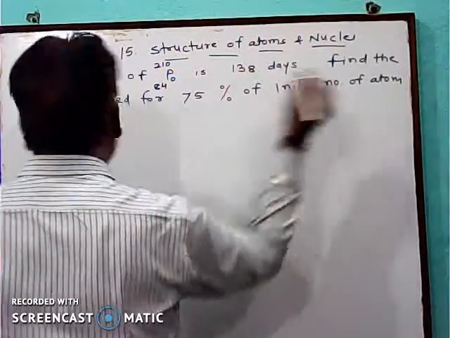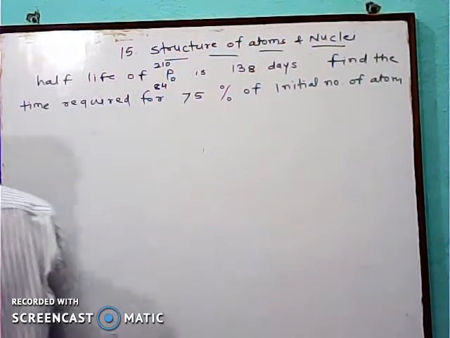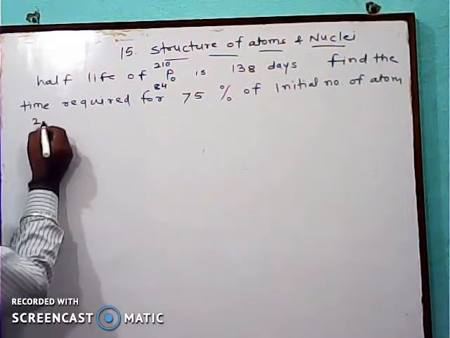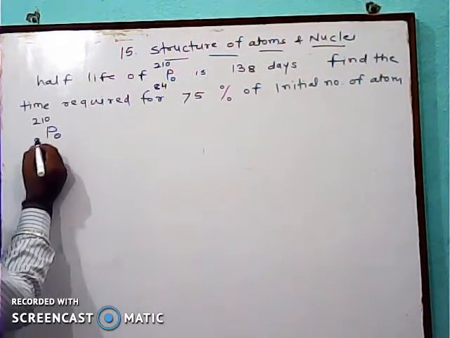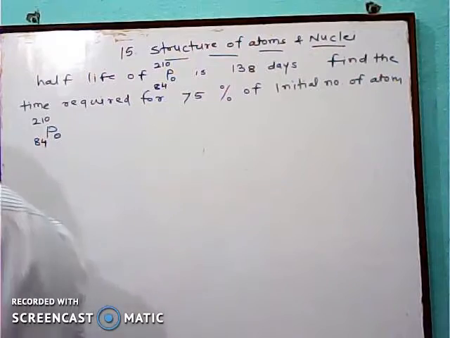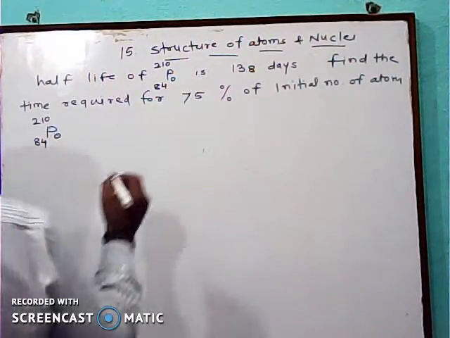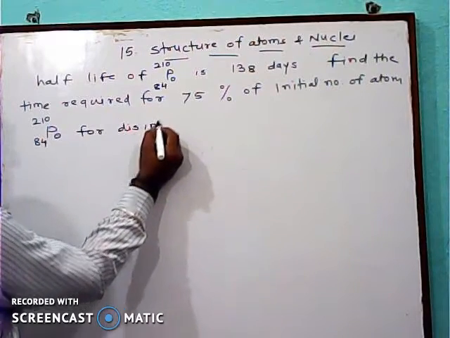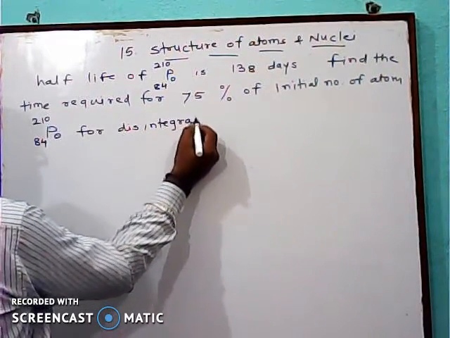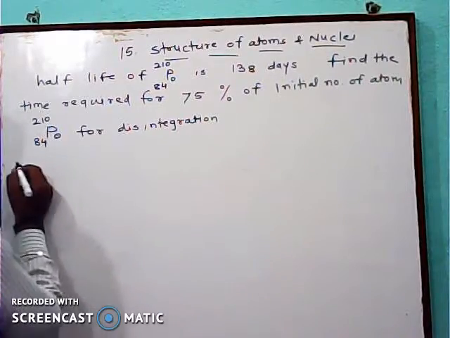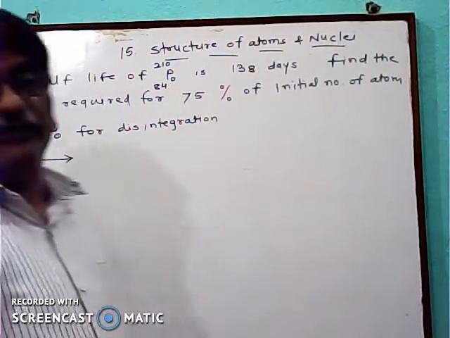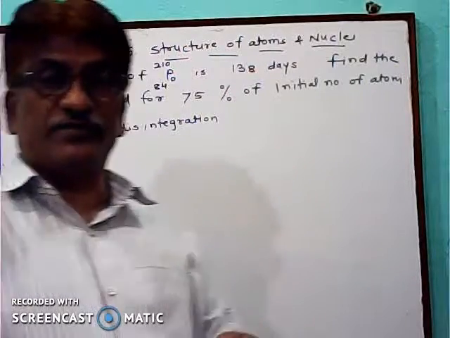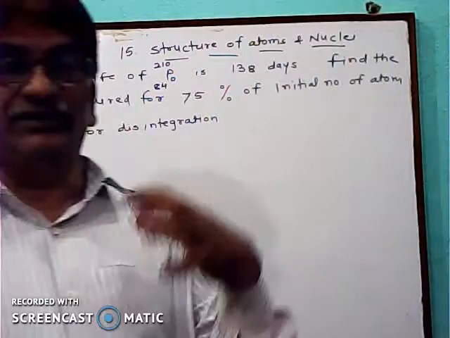Polonium, whose mass number is 210 and atomic number is 84, for disintegration. See here, if a question is given, in a few steps we can sort out the answer.